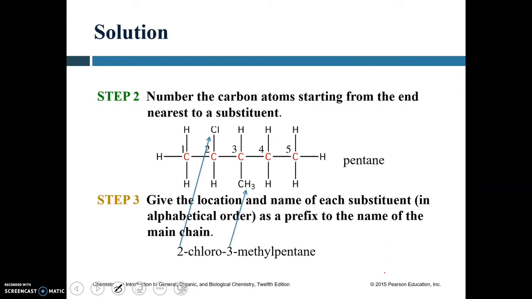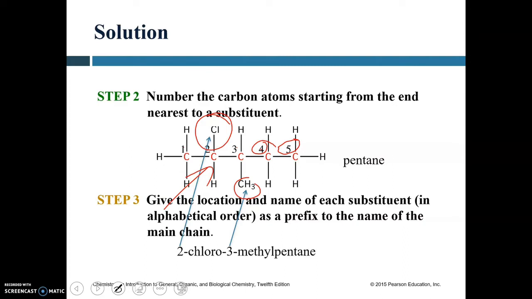Now we need to number the carbon atoms, starting from the end that is closest to a substituent, but in this case, the substituent is in the center, so it doesn't really matter. So 1, 2, 3, 4, 5. And now, oh, sorry, yeah. So the closest substituent is chloro. Okay, so it's going to be at position 2, it's going to be chloro.